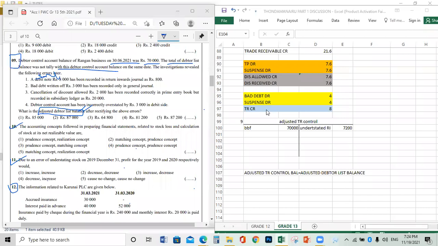Opposite side. Then write it in the credit side. They overstated the debit side, so you write it in the credit side. Overstated debit balance, that is going to be how much? 3,000. Now get the answer.